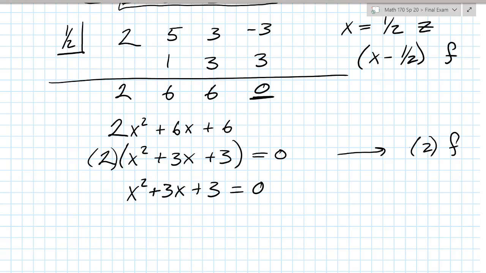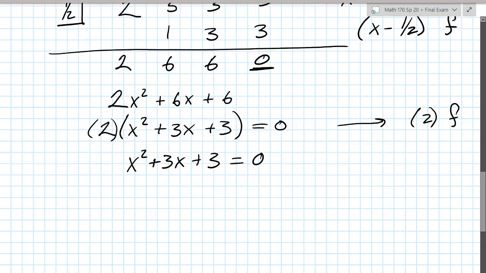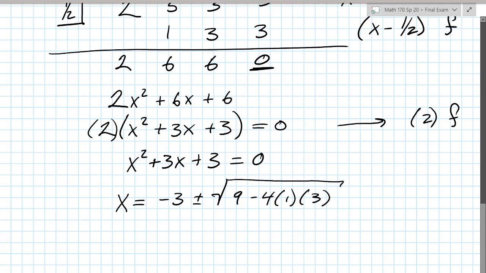Well, nobody really likes complete the square, as far as I can tell, so quadratic formula it is. Negative b plus or minus the square root of b squared minus 4ac all over 2a.